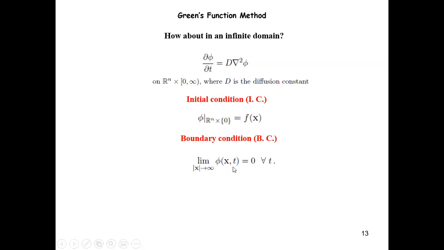Instead of a finite length and two endpoints, we consider the boundary condition at the very far end of the system, when x goes to infinity. This is conceptually the same thing, but mathematically quite different. Our solution domain is now infinitely long, but we still require that at the two far ends of our solution domain we have no concentration. So this is what this means.